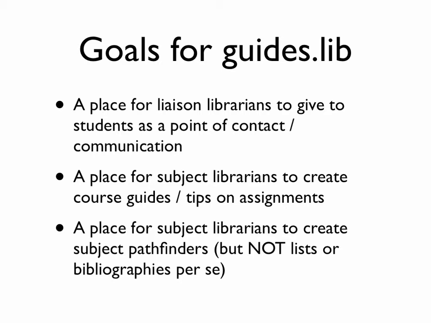Also a place for subject librarians to create course guides, tips on assignments, and subject pathfinders, but I don't see this as a place for creating long lists of links or big bibliographies. But you can certainly point to RSS feeds from, let's say, Delicious or the library catalog or any place.